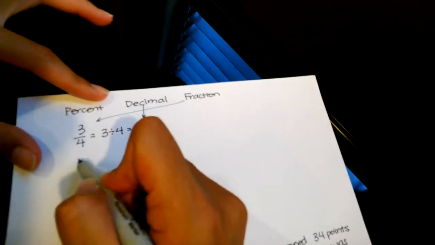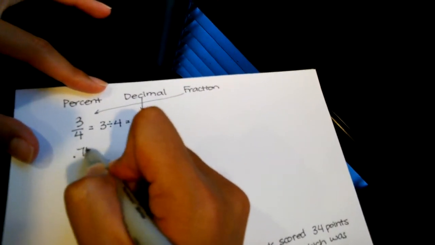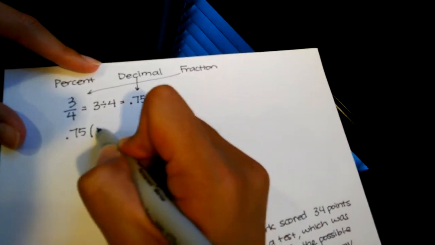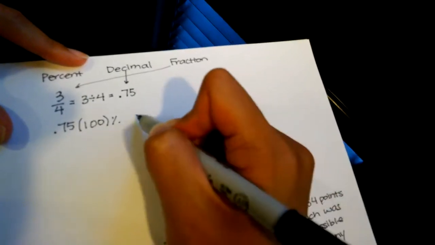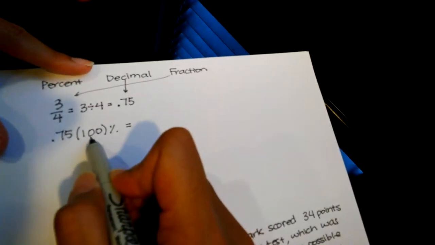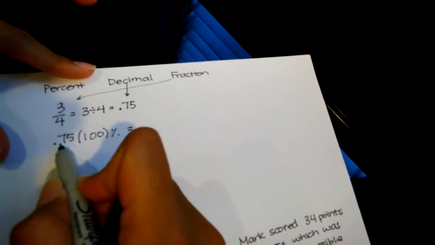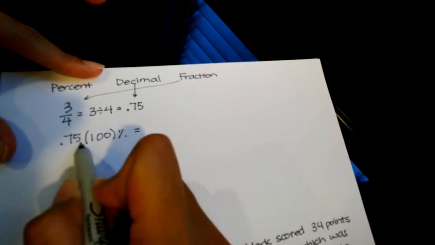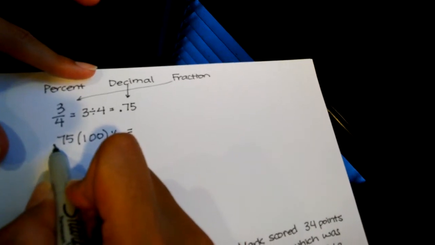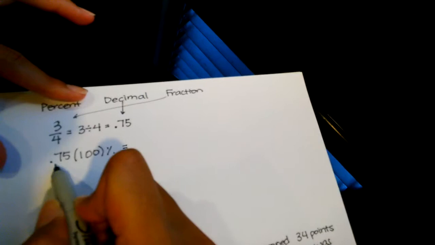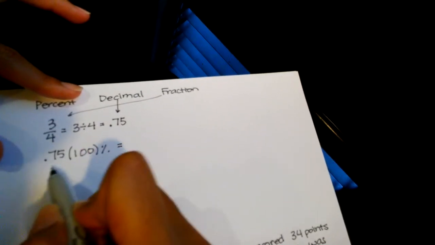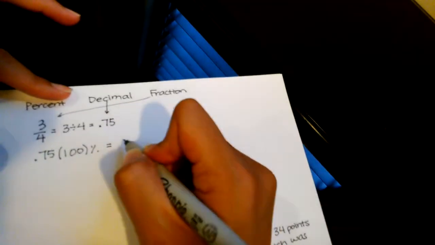To get from a decimal to a percent, all you do is multiply by 100 and add the percent sign. Multiplying by multiples of 10 is simpler than other multiplication, because instead of multiplying by 100, you can move the decimal 2 places to the right.